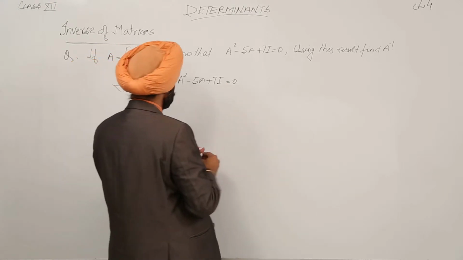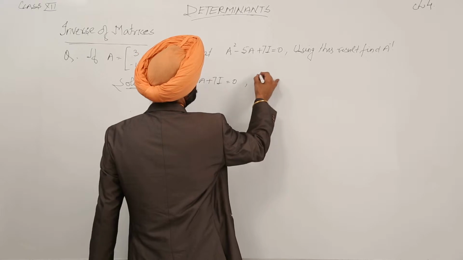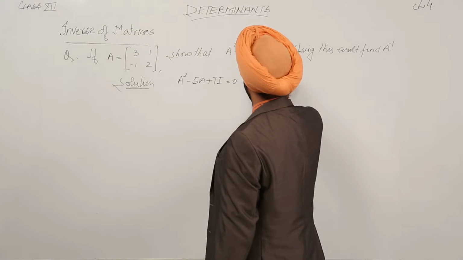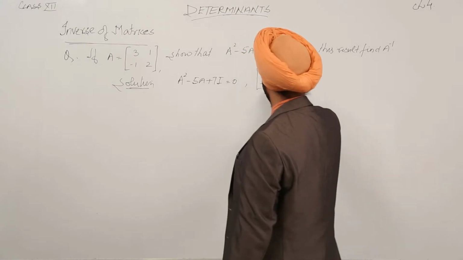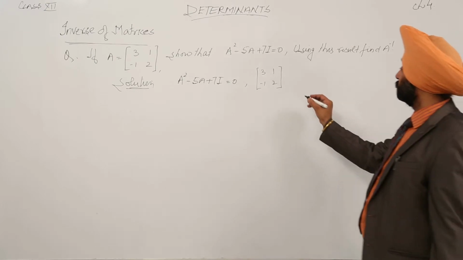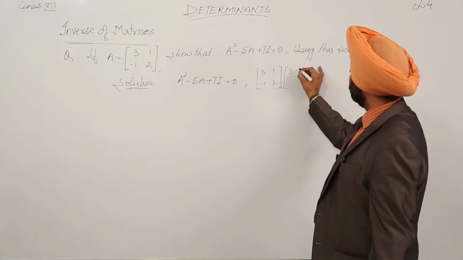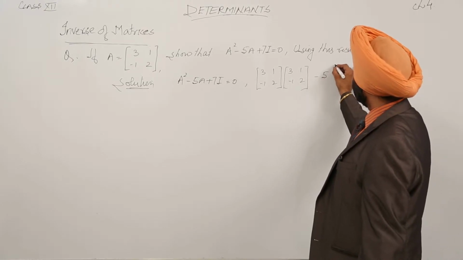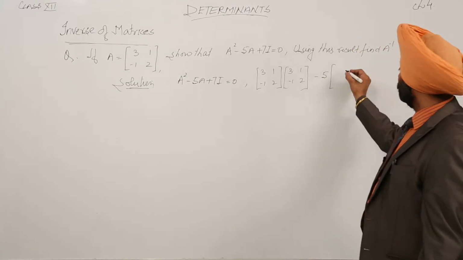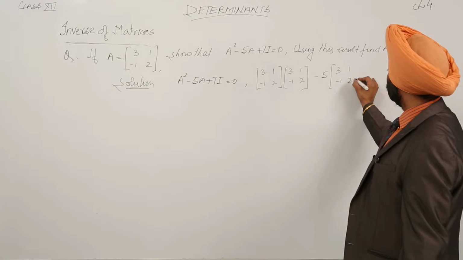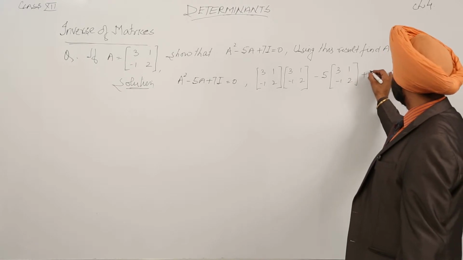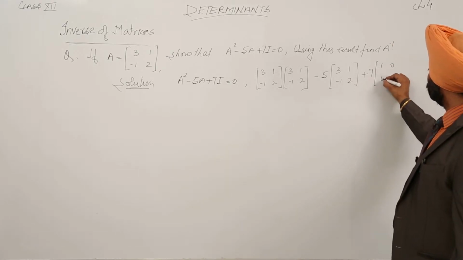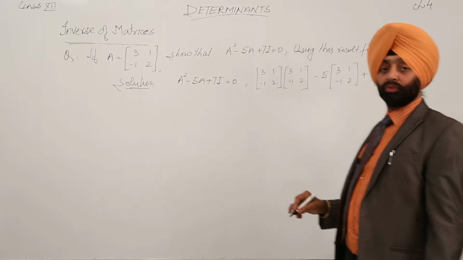So we have A squared, with A as [3, 1; -1, 2] times [3, 1; -1, 2], minus 5 times [3, 1; -1, 2], plus 7 times the 2 by 2 identity matrix [1, 0; 0, 1]. We have to prove this part now.